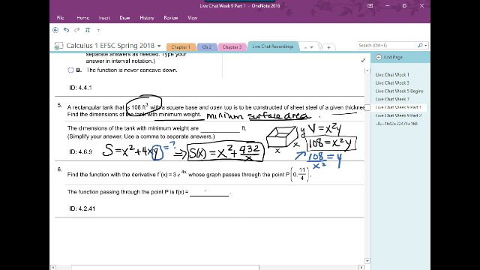Okay, how do you minimize a function? Can anyone type into the chat bar how you minimize a function, how you find the minimum value or maximum value for that matter? What do you need to find first?